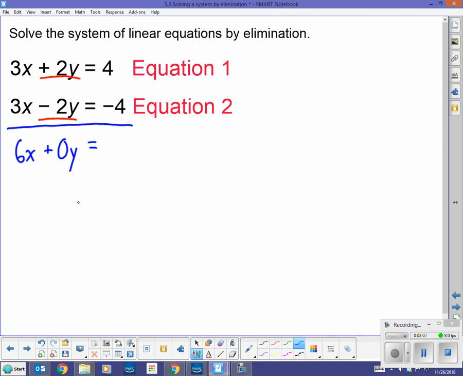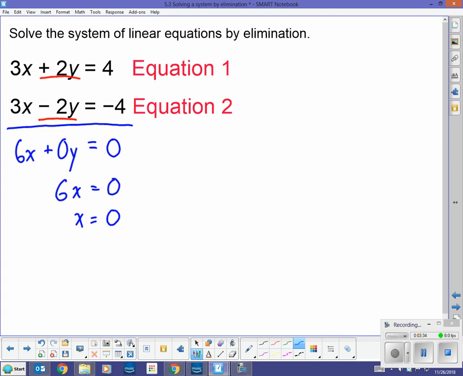But right now let's write 0y, and then 4 plus negative 4 is 0. So my opposite terms gave me this 0y, but 0 times y is just 0, and 0 plus 6x is just 6x. So 6x equals 0, so x equals 0.